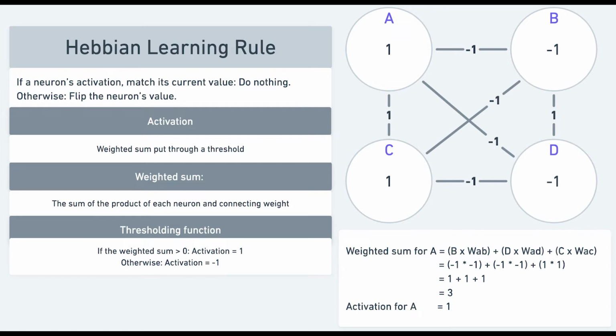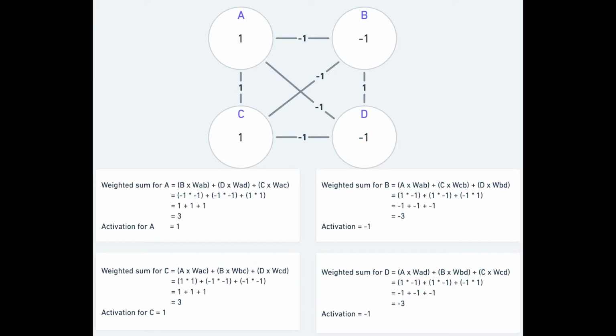Let's continue onwards by calculating the weighted sums and activations for the other neurons, and determine if their values should be flipped or not. This process of iteratively applying the Hebbian update rule is referred to as evolving the network. In this case, we find that each neuron actually has an activation which matches its current value, so no values are changed. This means that the system is in a stable state and it must be at an energy minima.